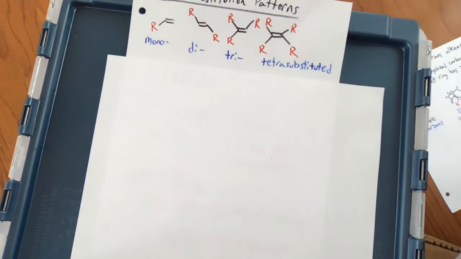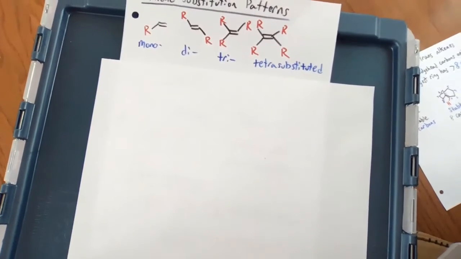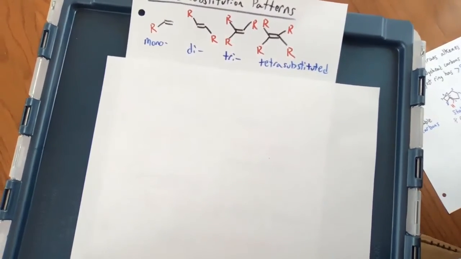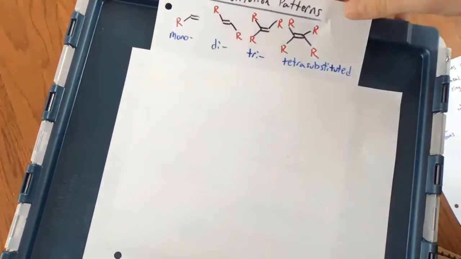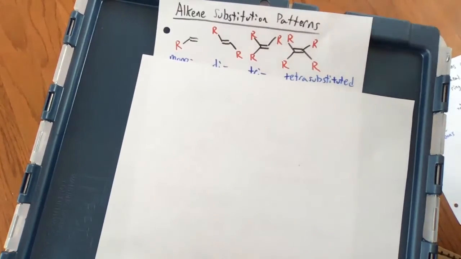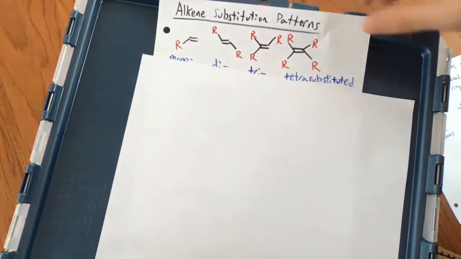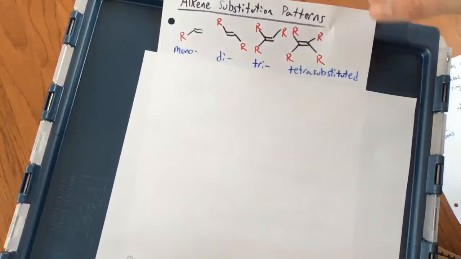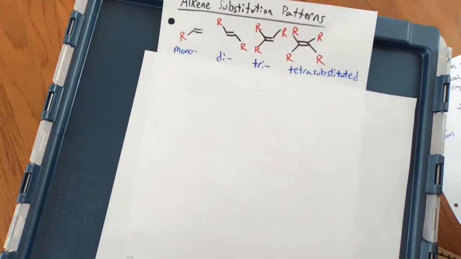And if you have between 1 and 4, we have special names for those through mono, di, tri, and tetra substituted. As you see here, mono meaning 1, di meaning 2, tri meaning 3, and tetra meaning 4. Remember, the R groups here represent just in general any type of group we can imagine, and they only serve as a placeholder so that we can better understand the overall pattern of substitution here.